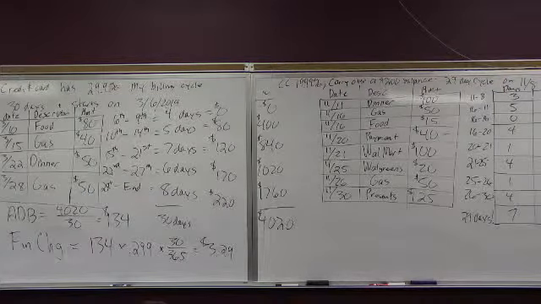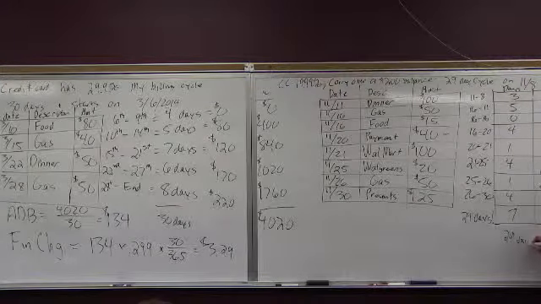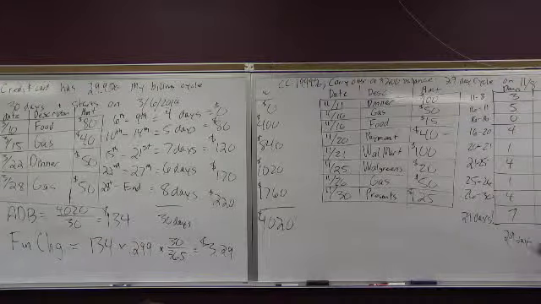Okay. So, gotta get your total, right? 29 days, 3 times 200, 5 times 300. Make sure I do these numbers right, folks.